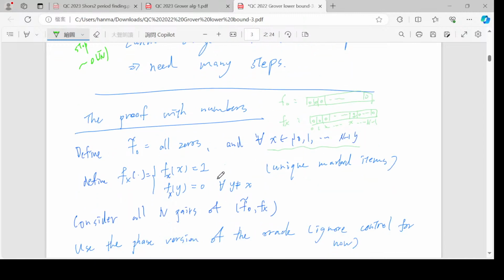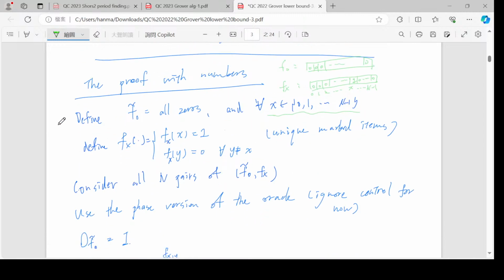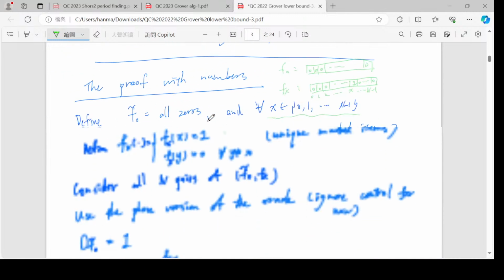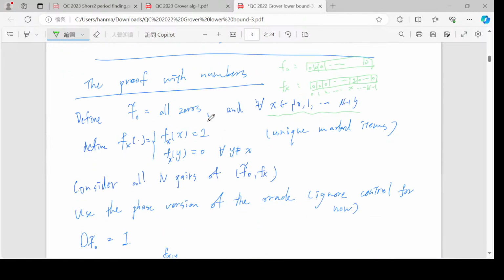As we said, we'll look at this f as the yes instance, O0, and f prime are those one marked item functions. We give them a little more names. The O0 f, we call it f tilde of 0. We have a tilde here because there is another f0.